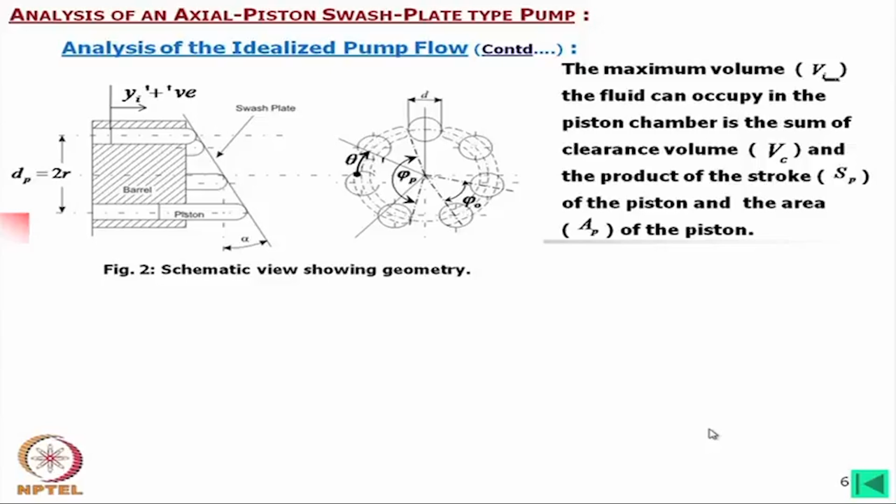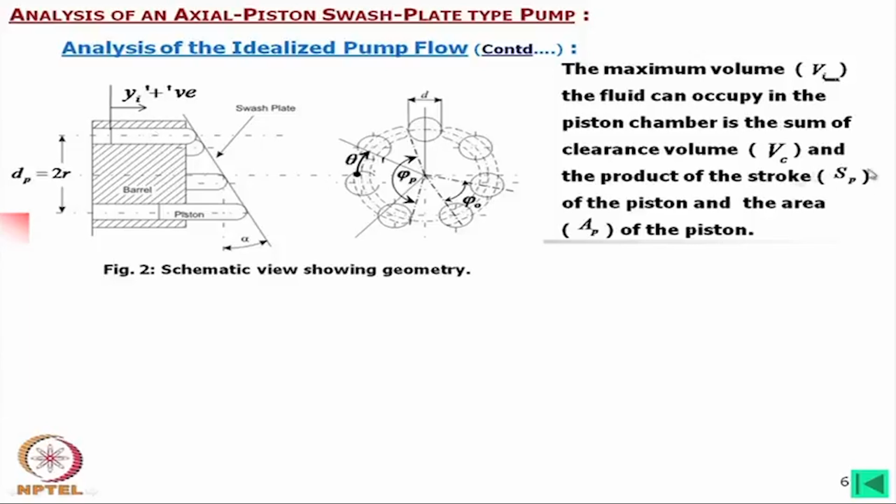The maximum volume V i max the fluid can occupy in the piston chamber is the sum of the clearance volume and the product of the stroke of the piston and the area of the piston. This means, if AP is the area of this piston and its diameter is d, then pi d square by 4 is equal to AP.